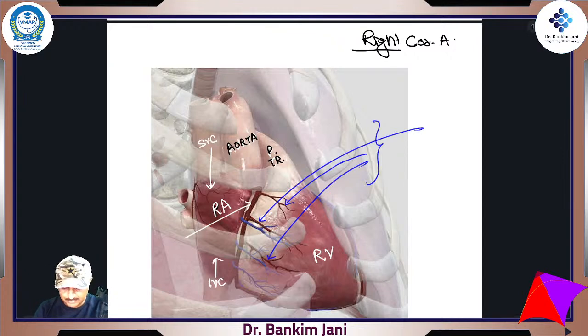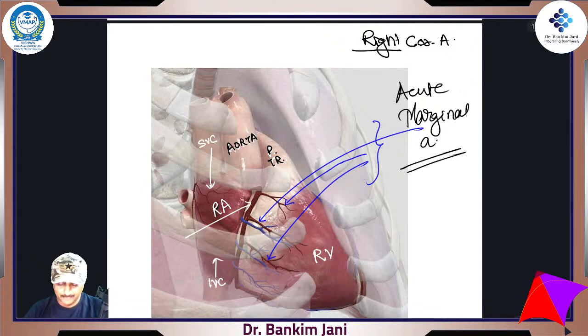These are giving supply to the lateral margin of the right ventricle. So yes, they are the marginal, and to be precise, we can say acute marginal arteries. Excellent, very good.